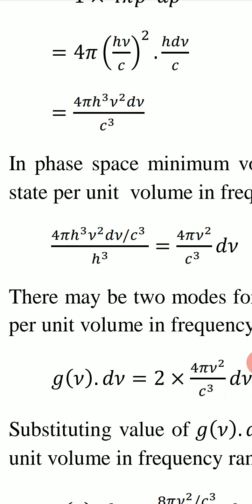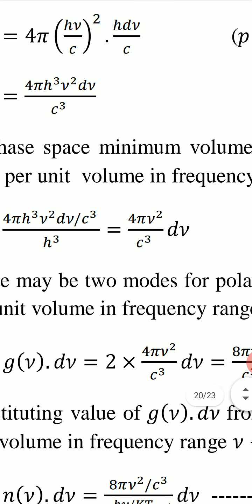This will give the number of microstates in this frequency range nu to nu plus d nu, and it is equal to 4 pi h cube nu square d nu upon c cube upon h cube. h cube cancels out and it comes out equal to 4 pi nu square upon c cube d nu.